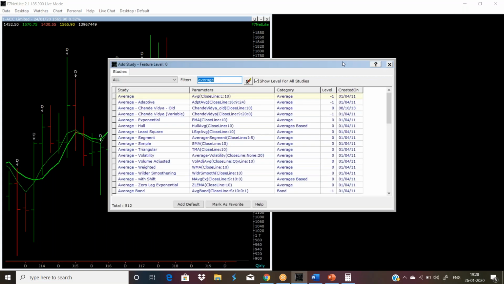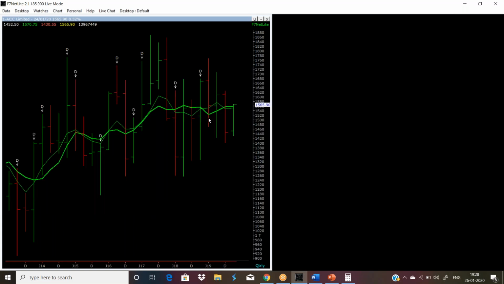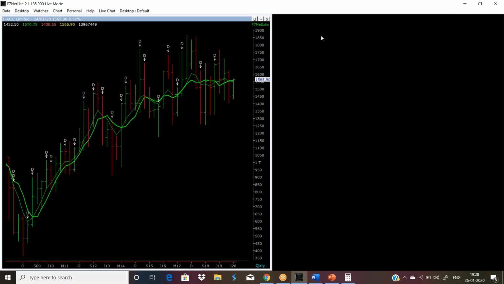It will go back to the first close, second, third, up to 30.